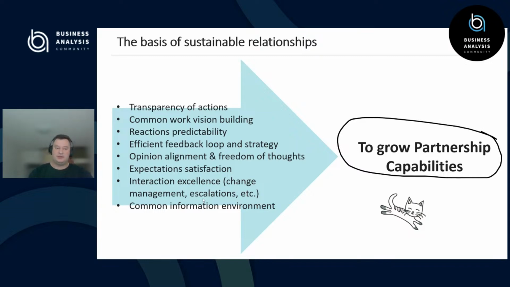Reactions predictability. In relationships, we need to trust each other. We talked previously, during a few webinars, about what predictability means and why it is so important for us.